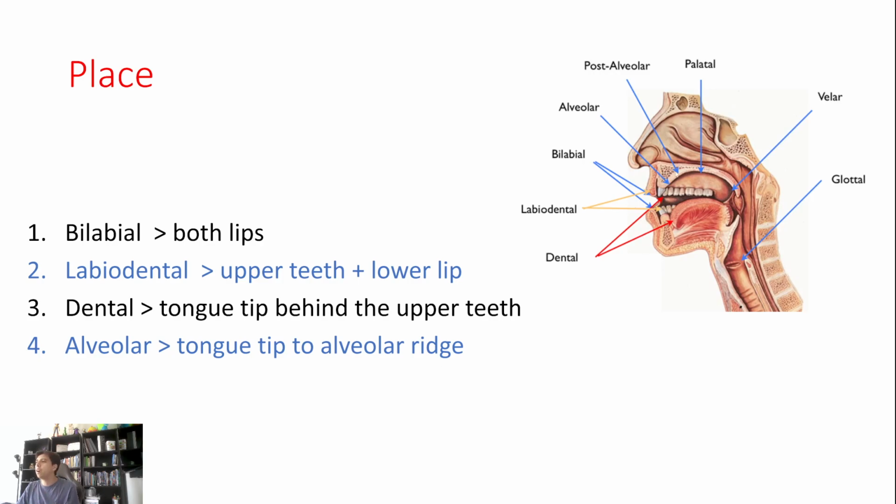Also, some of these sounds are going to be post-alveolar, but for the alveolar sounds, for example, when you say Thomas, that very first sound, the t, your tongue is going to touch the alveolar ridge.